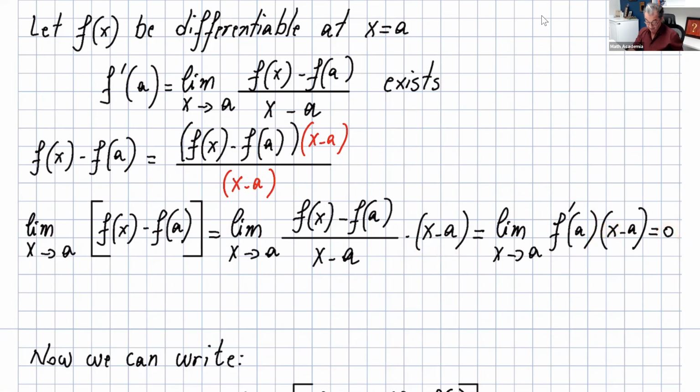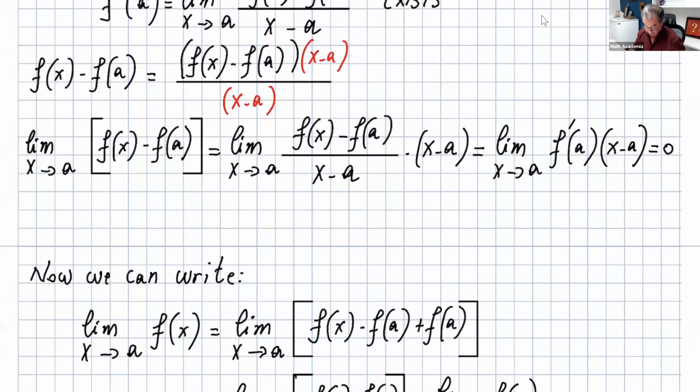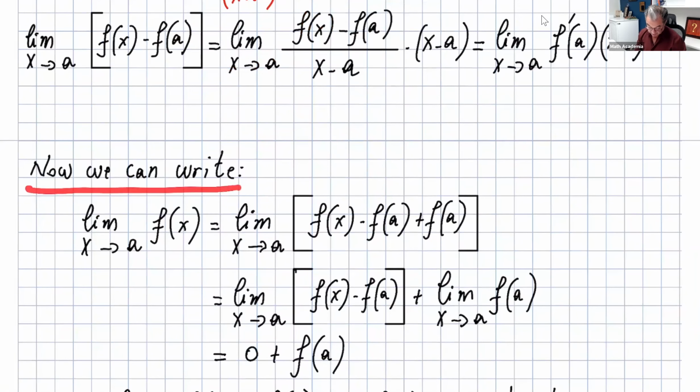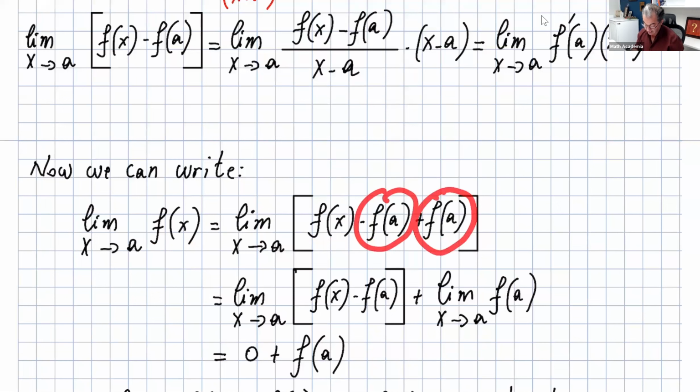Now, why did we do that? Now we can write the limit as x approaches a of f of x as the limit as x approaches a of f of x minus f of a plus f of a. We can just subtract and add. f of a is a constant. So that expression can be written as the limit as x approaches a of f of x minus f of a, plus the limit as x approaches a of f of a.